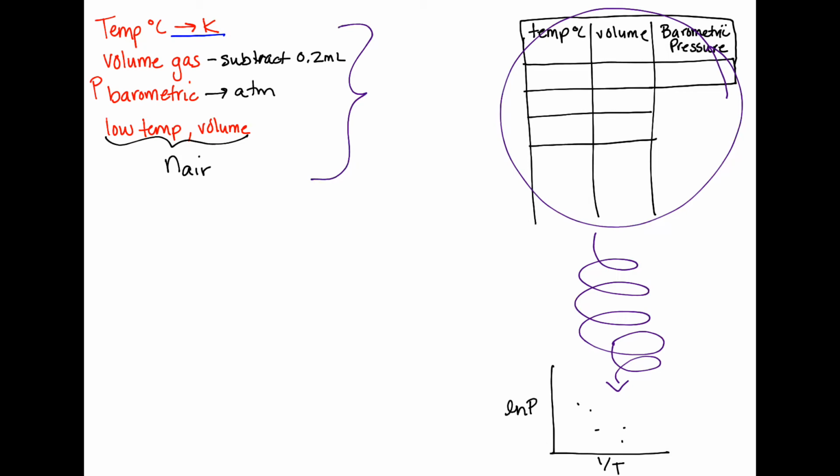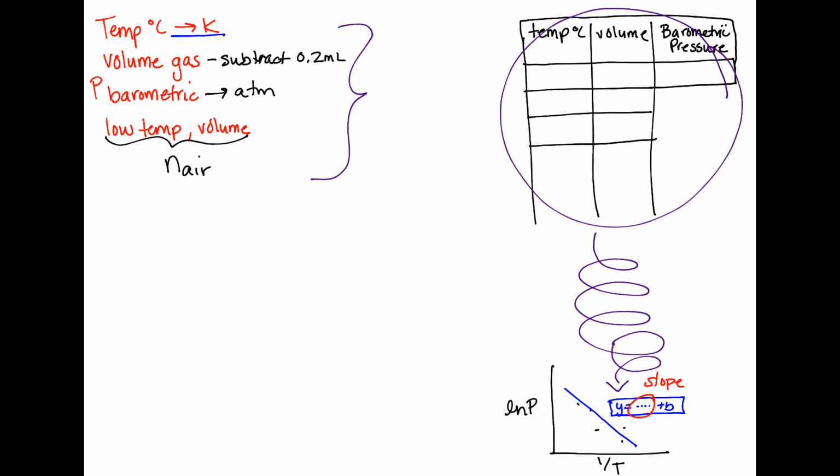I did a best fit line, and on your graph that will be in your lab packet, there's an equation that says y equals, and there's some numbers, plus b. And those numbers are the slope.